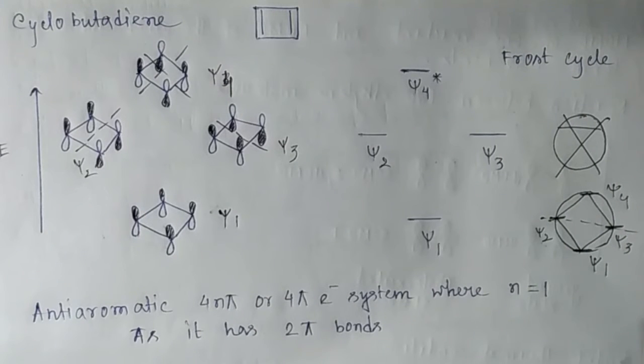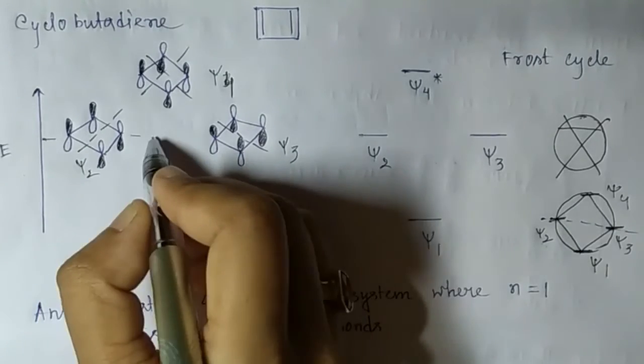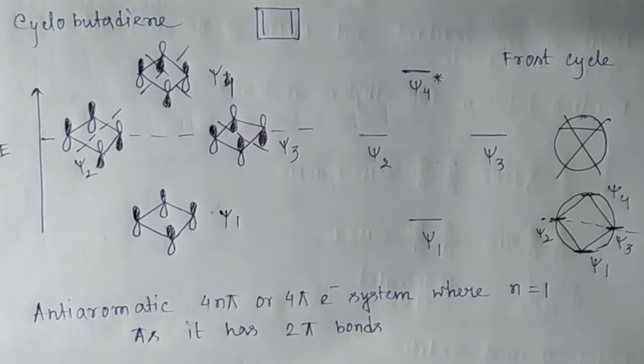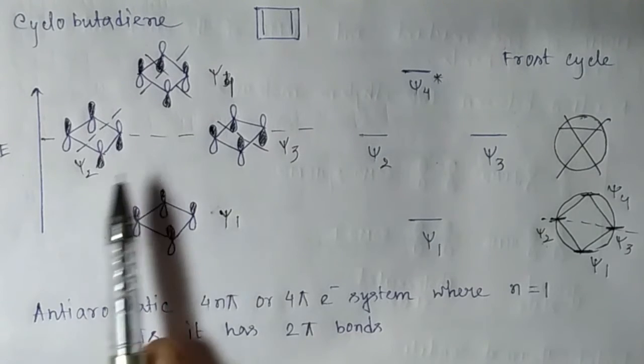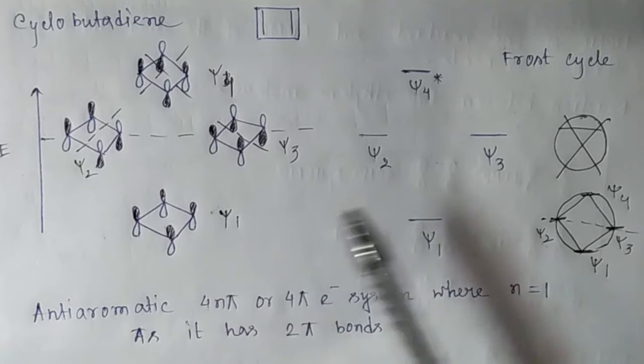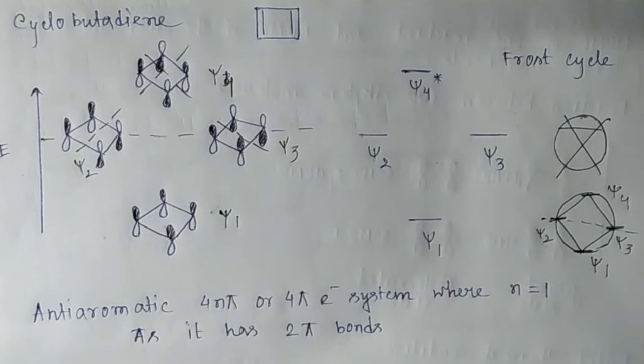But if you observe the Frost circle, we will also find that this horizontal line that denotes the non-bonding energy level or zero energy level is along psi 2 and psi 3. It means that psi 2 and psi 3 are non-bonding molecular orbitals, while psi 1 is a bonding molecular orbital and psi 4 is an anti-bonding molecular orbital.